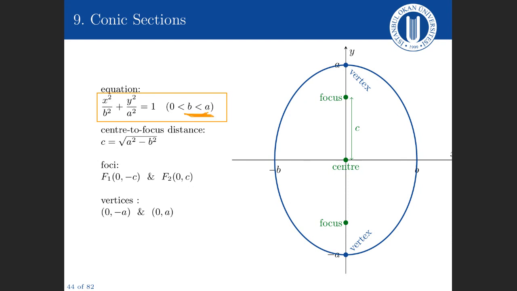And I want to do this because I want to use the same center to focus distance equation. The center to focus distance is always the bigger number squared minus the smaller number squared, and then the square root. The foci are now on the y-axis, (0, minus c) and (0, c), as are the vertices, (0, minus a) and (0, a). You'll notice that the vertices, the foci, and the center are always on the same line.